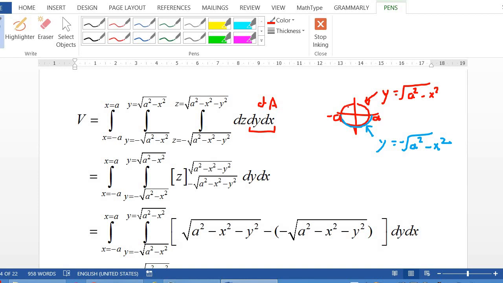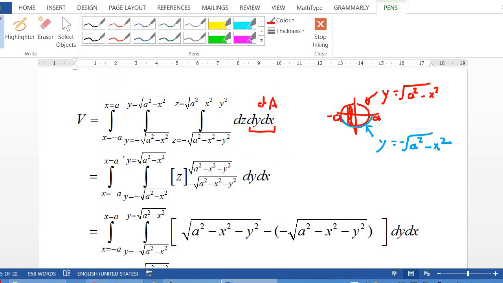If we use dy dx, we sum the area using vertical bars, from the left side x equal to negative a until x equal to positive a. The limit for y is the blue lower curve, y equal to negative square root of a squared minus x squared, up to the red curve, y equal to square root of a squared minus x squared. So this is the limit for finding the volume of a sphere in Cartesian coordinates. The question is to set up the limit.